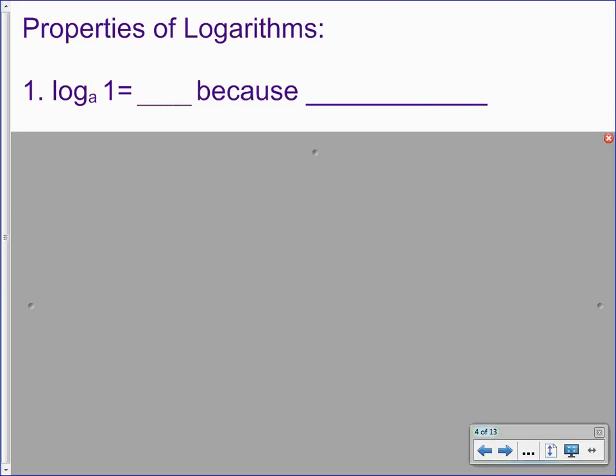So first one, log base a of 1 will be what? Zero. What's the reasoning there? Any base to the 0 power will always be 1.